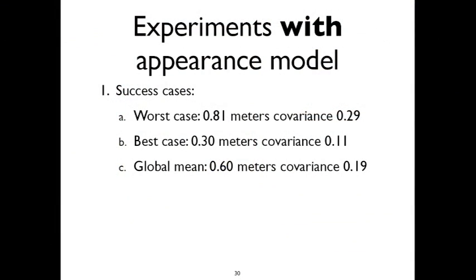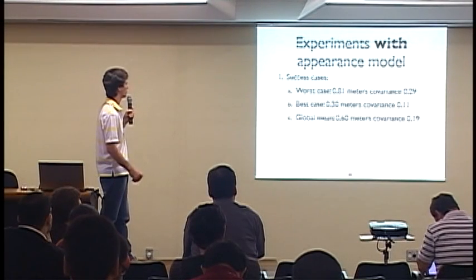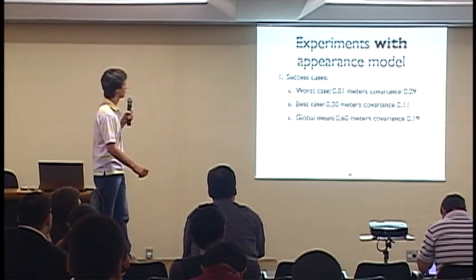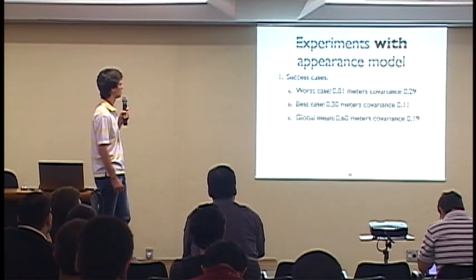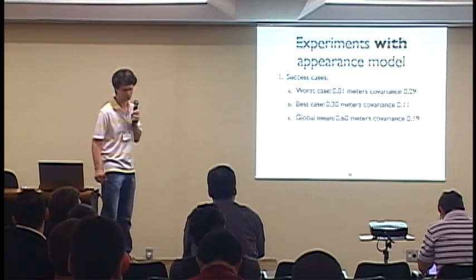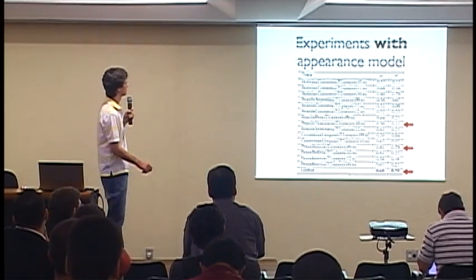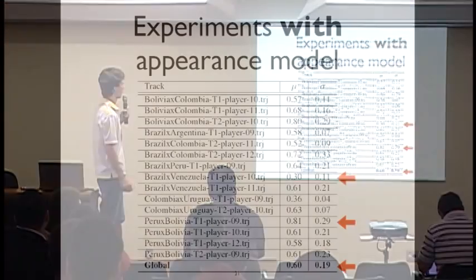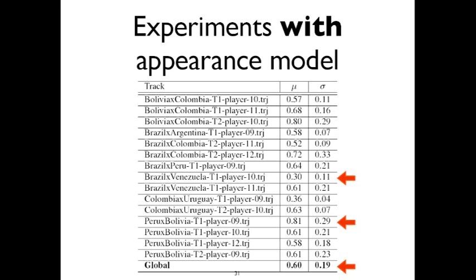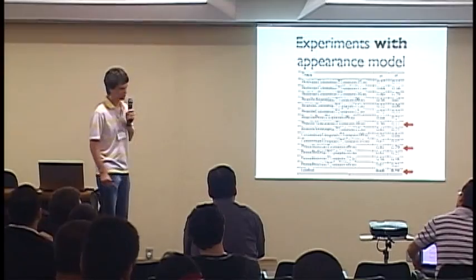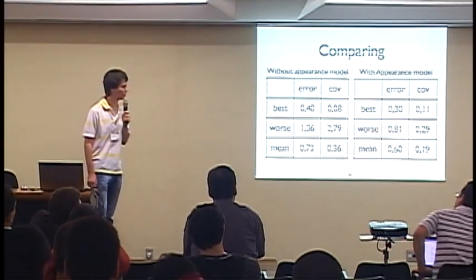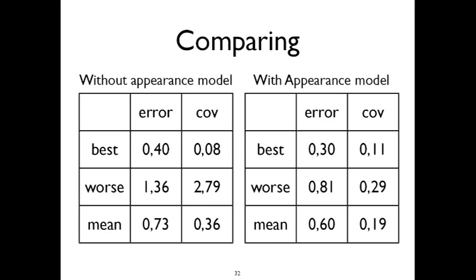Looking at a success case, we can see that here we have slightly worse results. In the worst case, we have 81 centimeters, like this in this table. Here are the best one, the worst one, and the global results. Comparing the two, we can see that this is a better result.